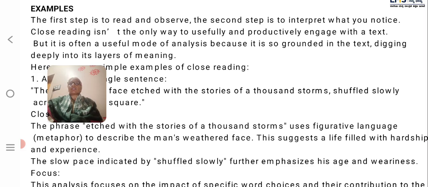Close reading is not the only way to usefully and productively engage with the text. It is often a useful mode of analysis because it is so grounded in the text, digging deeply into its layers of meaning. Here are some simple examples of close reading.